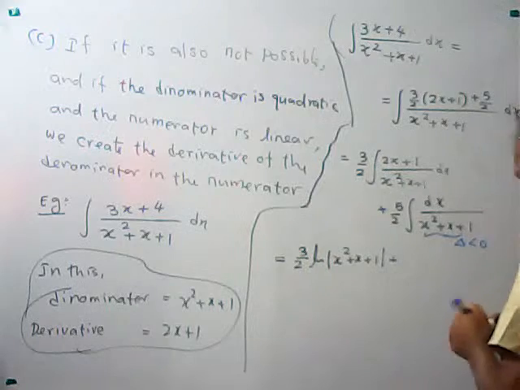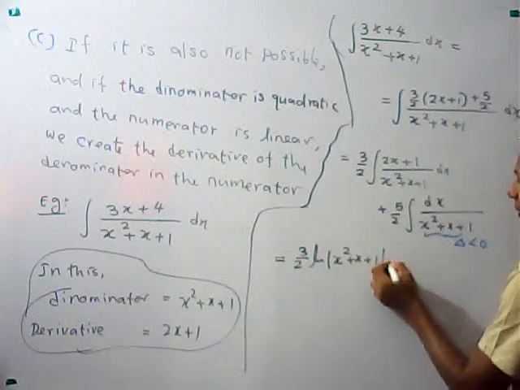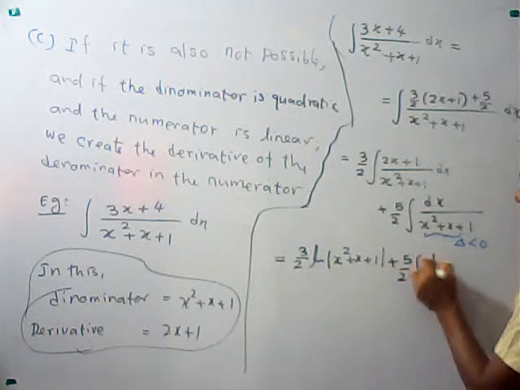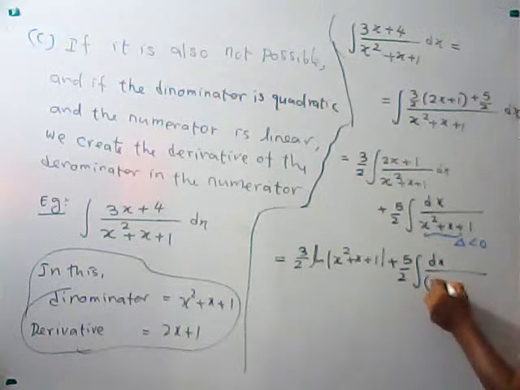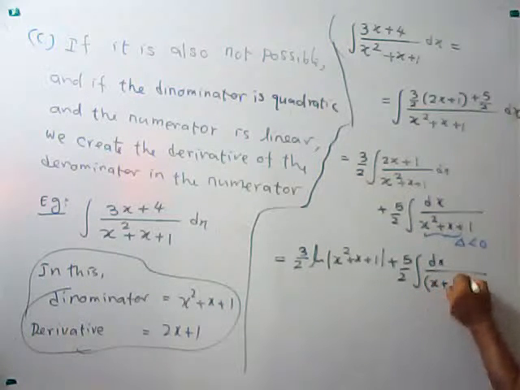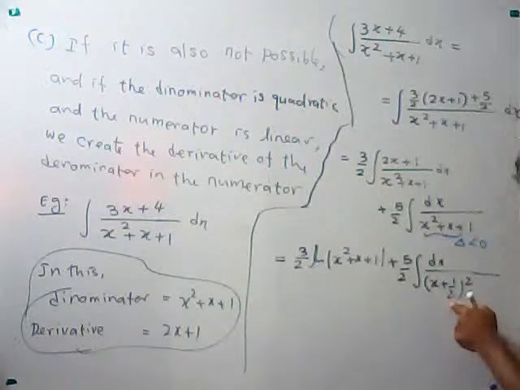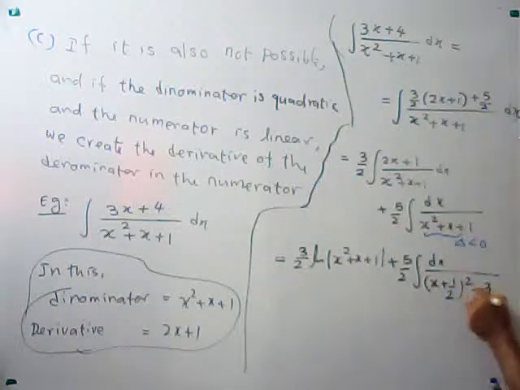So we will complete the square in the expression in the denominator: x plus half squared plus 1 minus 1 over 4. So that will give you plus 3 over 4.